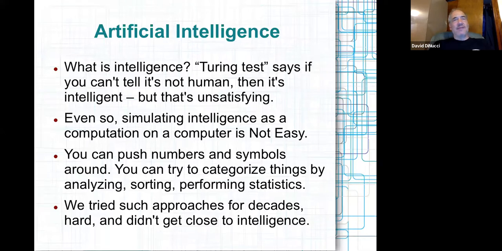But you can, for example, imagine that the thing in the room is so intelligent that we could easily tell that it's not a human that's coming up with all that intelligence. And does that mean it's not intelligent? I don't think so.